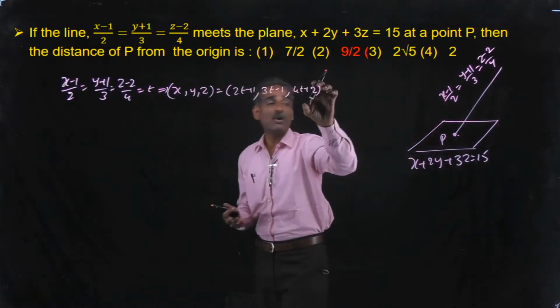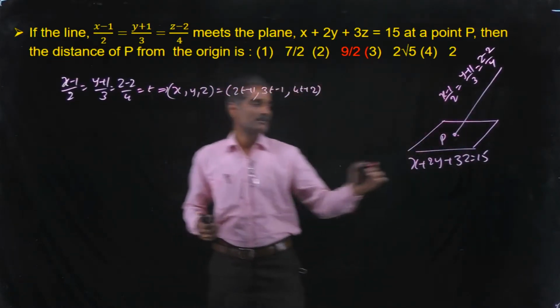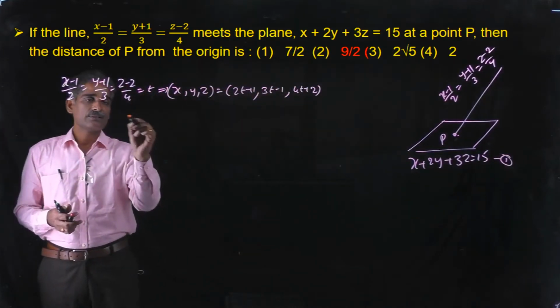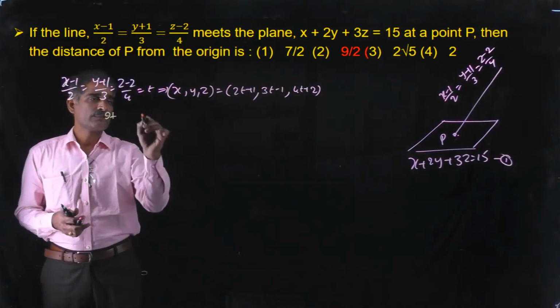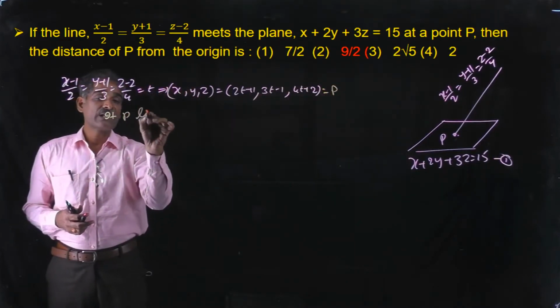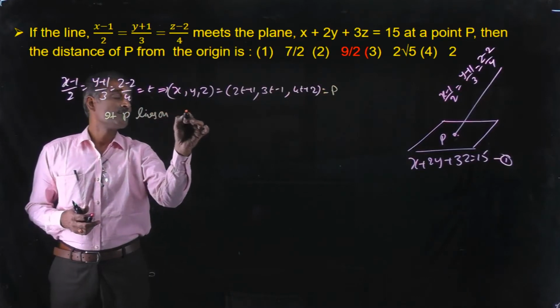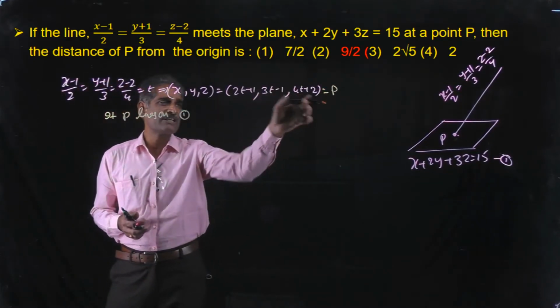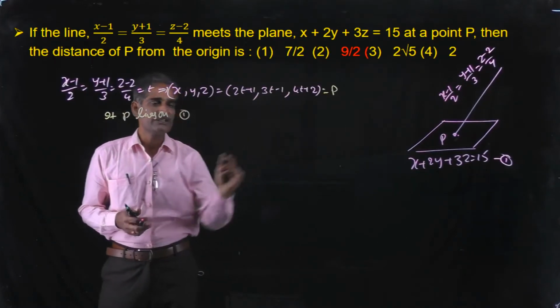If this point lies on the plane, let us call the equation of the plane equation 1. If P lies on plane 1, then what will happen? Just replace x, y, z by these three terms in equation 1.